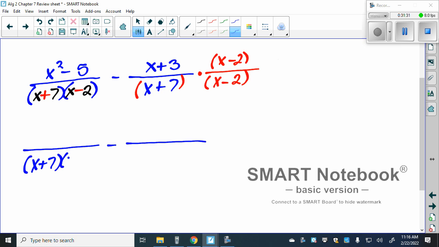And when we do that, the denominators for both will be x plus 7 times x minus 2. And again, since this is subtraction, we do need to be careful with our signs, especially with the second set of parentheses.